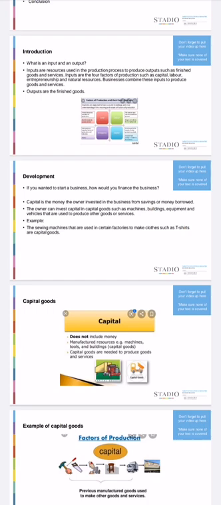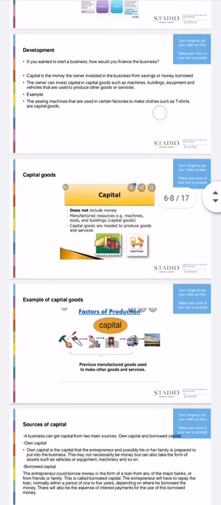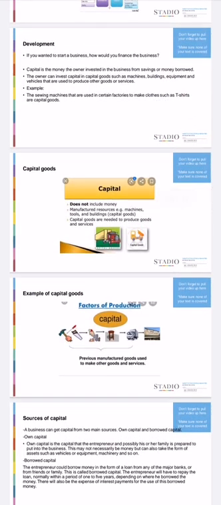If we move on to the development phase, which is the next slide, if you wanted to start a business, how would you finance this business? You would obviously need money, and as I said in the slide before, money that's invested in a business is called capital. So a description is given on the slide.